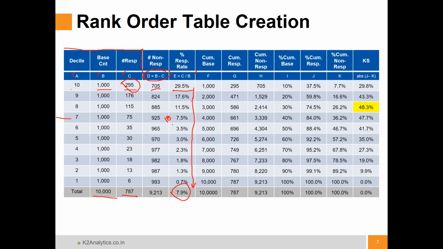So if this occurs like this, where 7.5 would have been 18, I would have called it a crack in rank ordering. And it's a very big crack. In that case, the model is not acceptable.